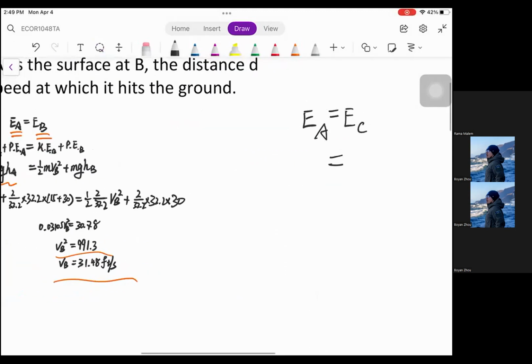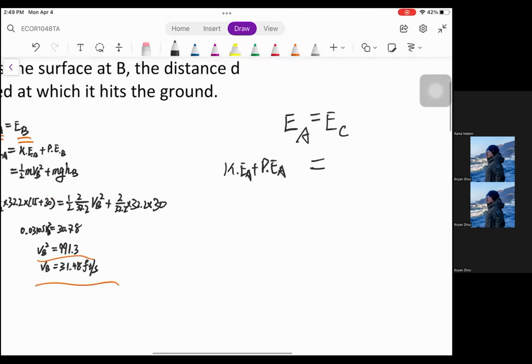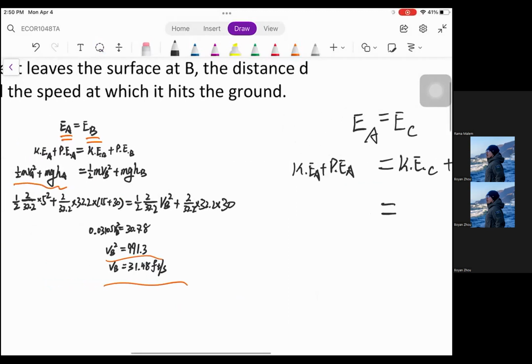The equation is all going to be the same. Kinetic energy at point A plus the potential energy at point A is equal to the kinetic energy at point C plus the potential energy at point C. The energy at point A is just half m VA squared plus m g HA.